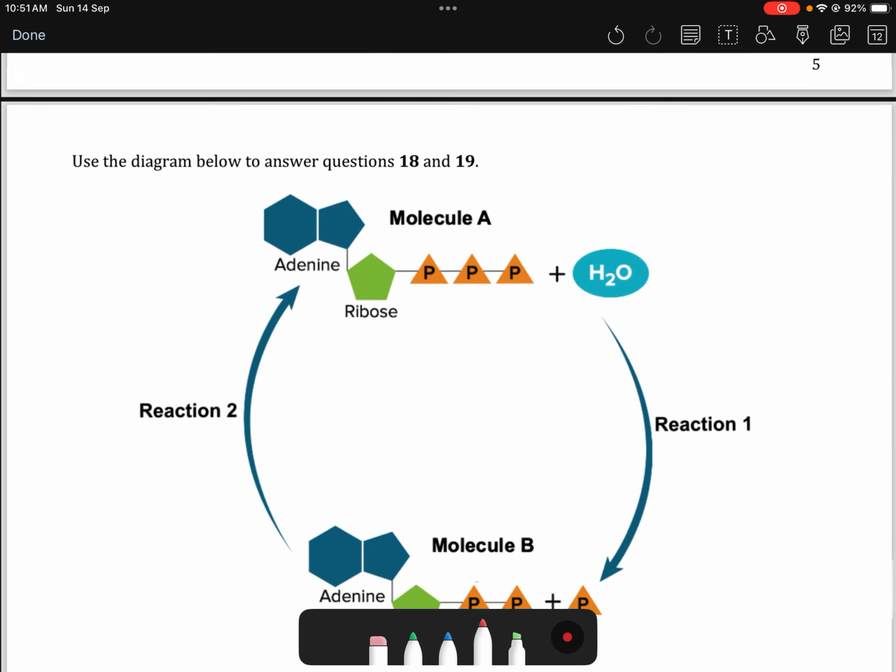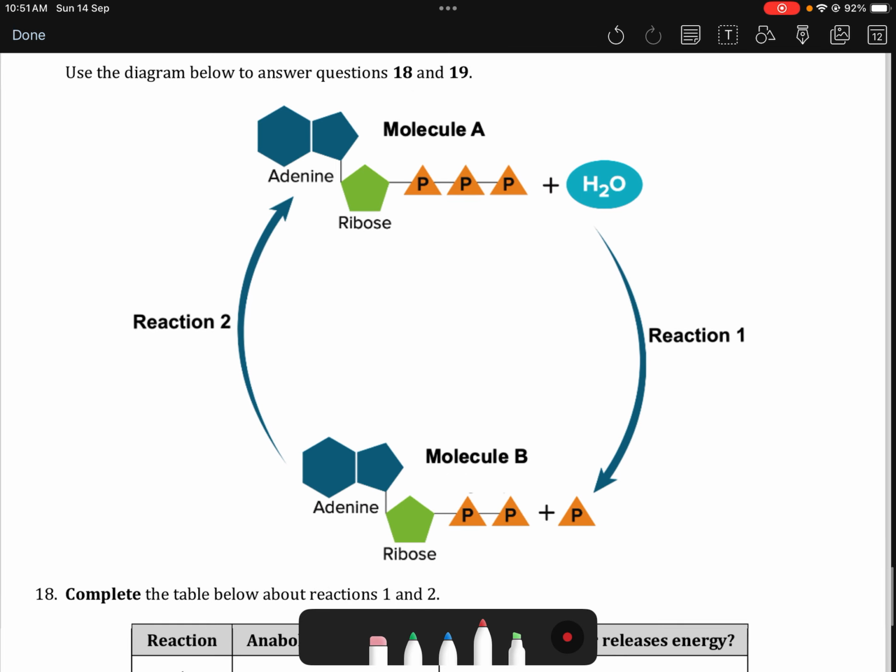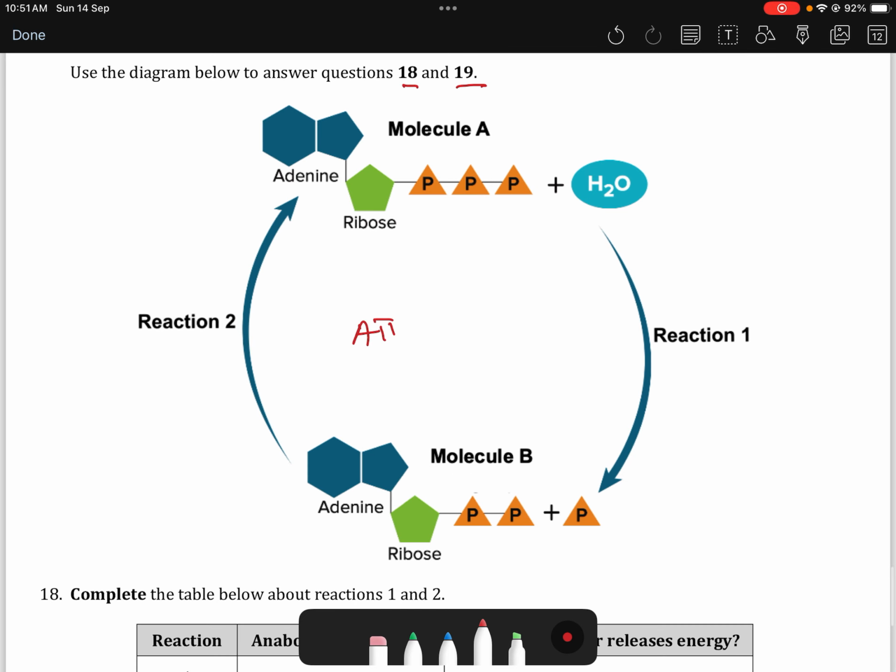Okay, next question please. Use the diagram below to answer questions 18 and 19. This is the ATP ADP cycle, okay, and we discussed this in class in a very detailed way. So here it is molecule A, 1 2 3, 3 P's, so it means this is an ATP.